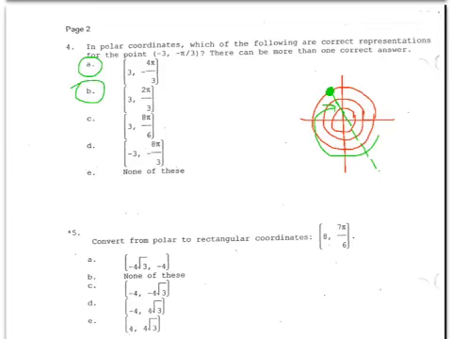We went forwards 3. 8pi/6, if we reduce, that would be the same as 4pi/3. And 4pi/3 is down here, so that does not look like it is the correct answer.